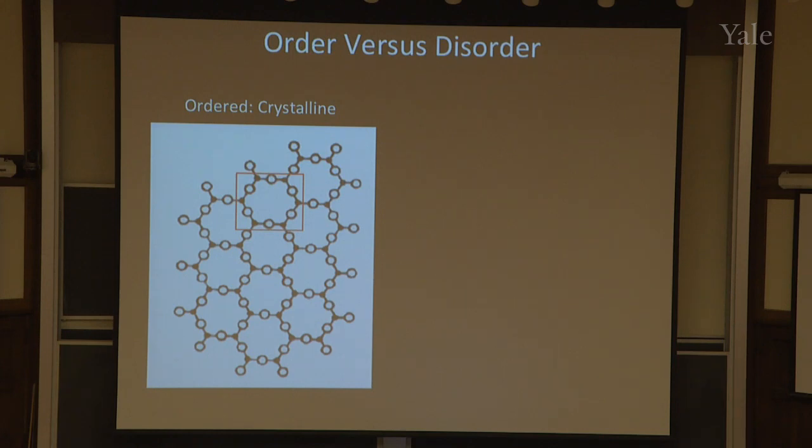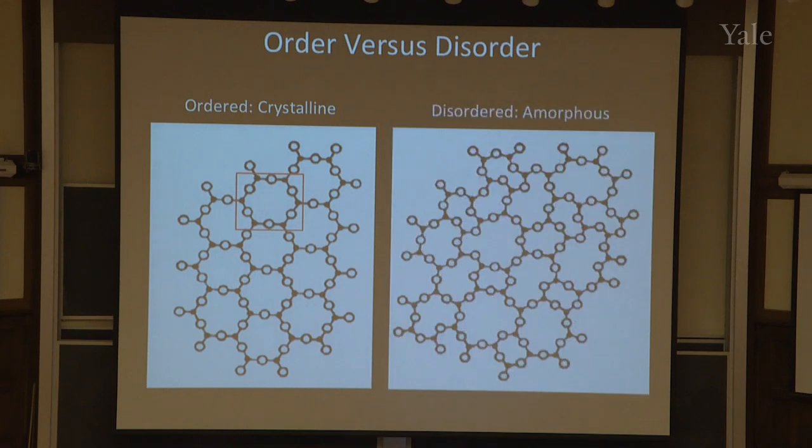The extreme opposite case would be that you arrange atoms in a disordered fashion. There's no unifiable unit that you can choose and then repeat forever. Atoms arranged in this disordered way is called amorphous structure. So these are the 2 extreme cases, crystalline structure and amorphous structure.